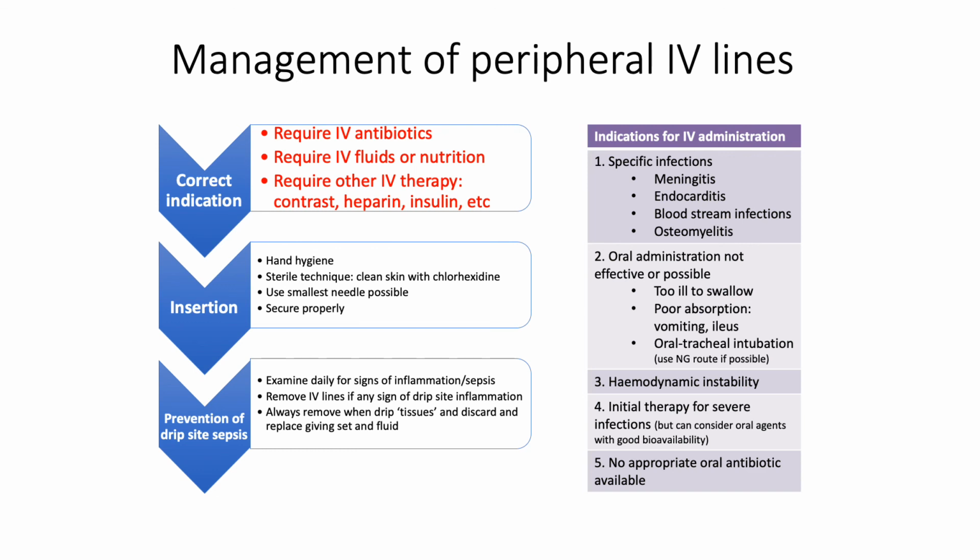Every single day, patients should be examined for signs of inflammation around the drip site. Remove the IV line if there is any sign of drip site inflammation. It's not really recommended to routinely change the IV catheter, only if there are signs of inflammation. But every single day, it's important to reevaluate the indication for IV lines and try to get it out as soon as possible, because that will obviously prevent drip site infection, which is potentially life-threatening.